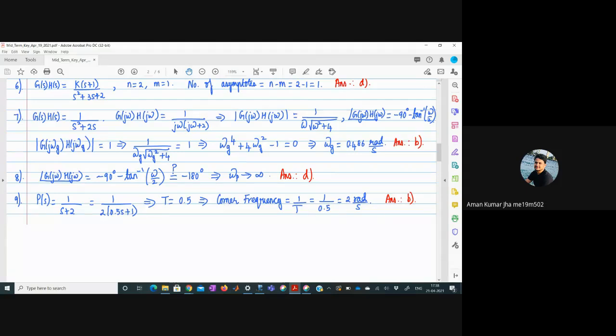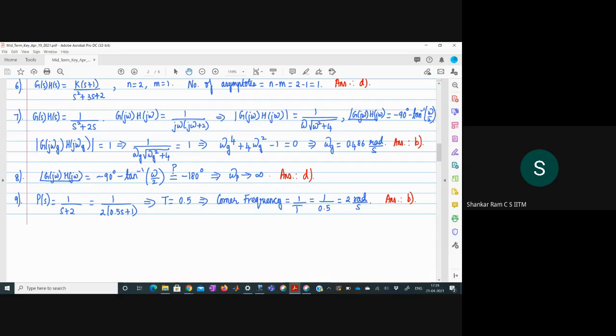and when we combine them and plot them, the corner frequency is going to increase by the same magnitude, right? No, the corner frequency doesn't change, right? Because what will happen is that the factor of 1 by 2 will only shift the magnitude curve of 1 by 0.5s plus 1 down, right?